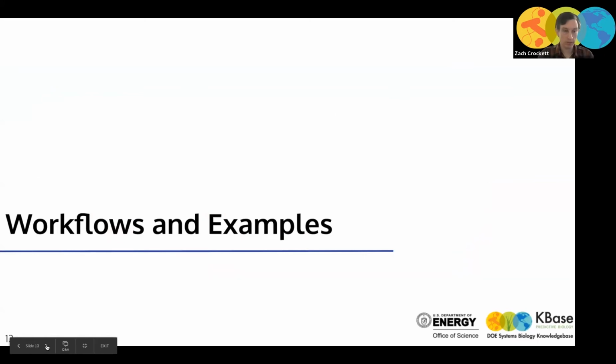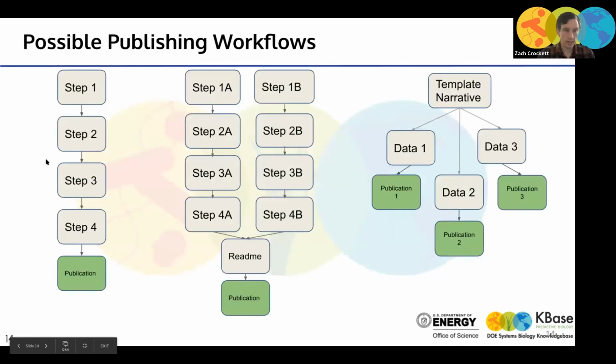So now I'm going to go over a few of the workflows and some examples of some good static narratives to give you some ideas for how you could organize yours. I put together these really simple workflow diagrams to show that there are different ways to organize it, and all of these exist within KBase among our users now.